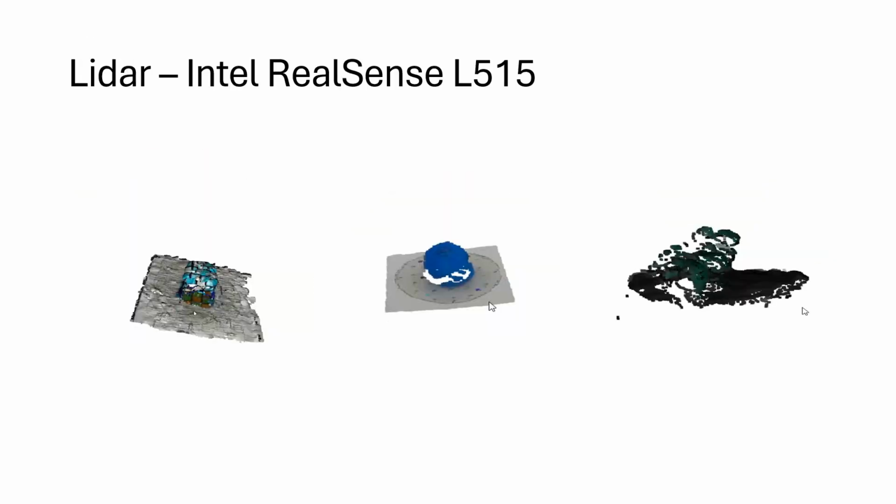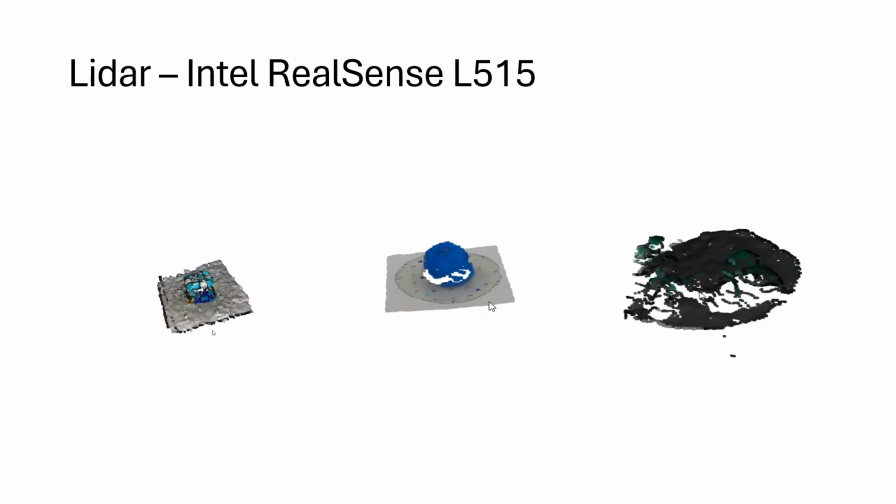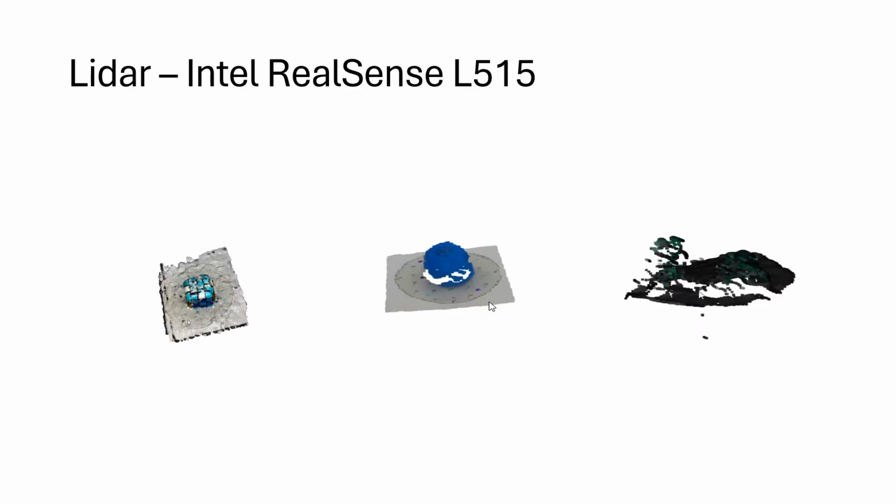When compared to the Intel RealSense, the point cloud for the cube seems to be very distorted, the orange seems to be noisy, and similarly the point cloud for the plant seems to be very noisy.